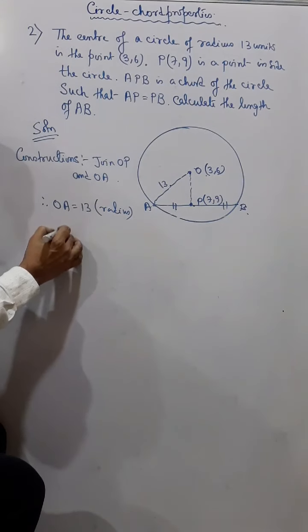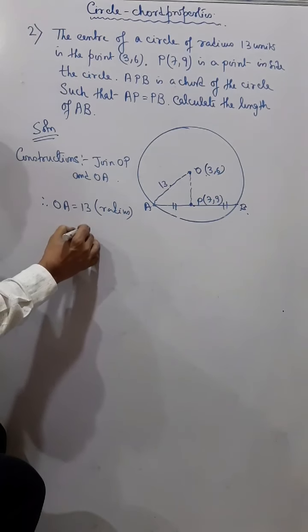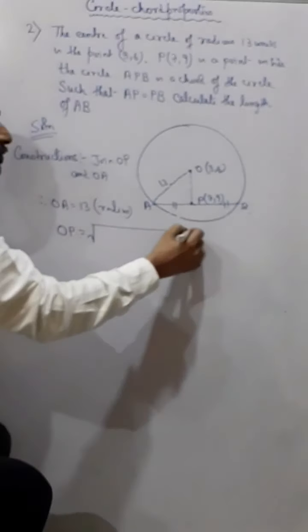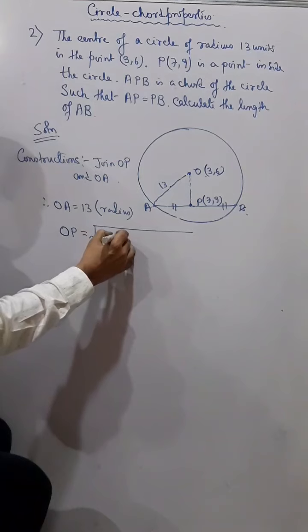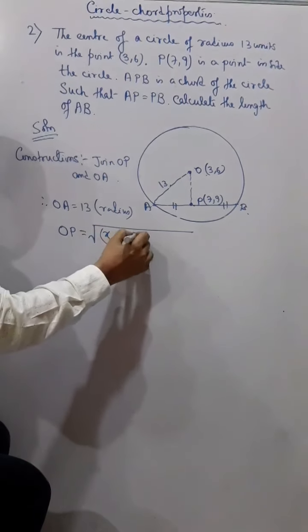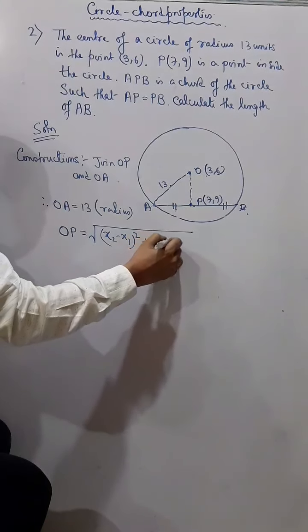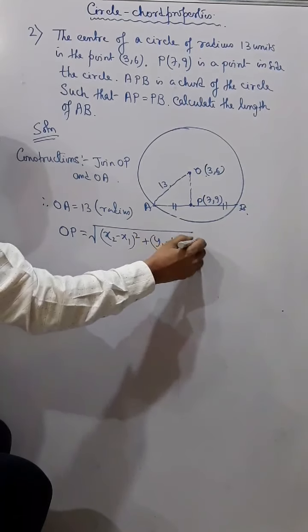So now OP will be what? You know that OP is root over x2 minus x1 whole square plus y2 minus y1 whole square.